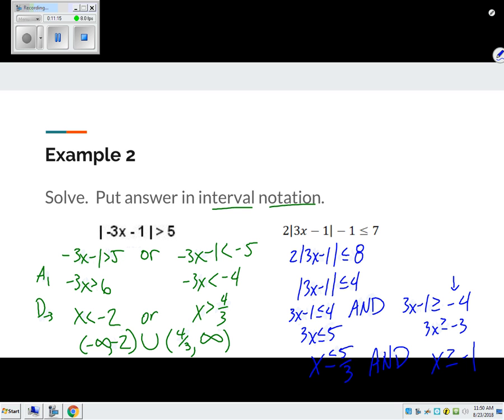Well, what meets that criteria is every number between negative 1 and 5/3. Now I have the or equal to, so remember, I want to include the negative 1 and the positive 5/3. So to show that, I put brackets around it.